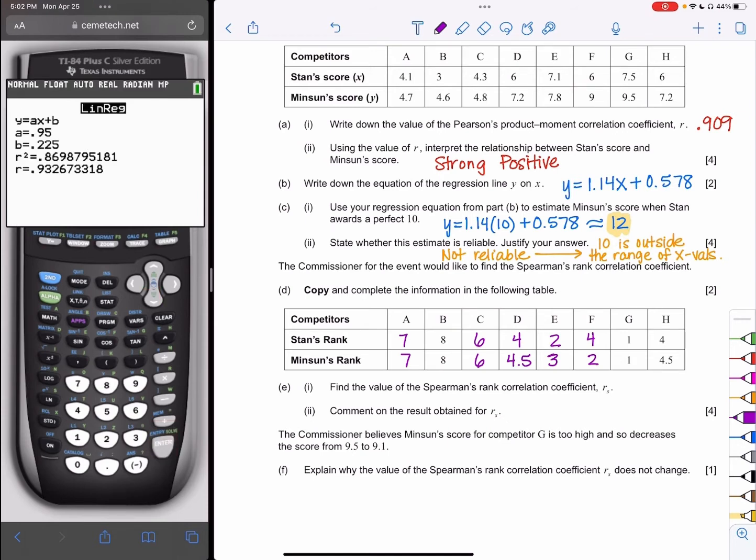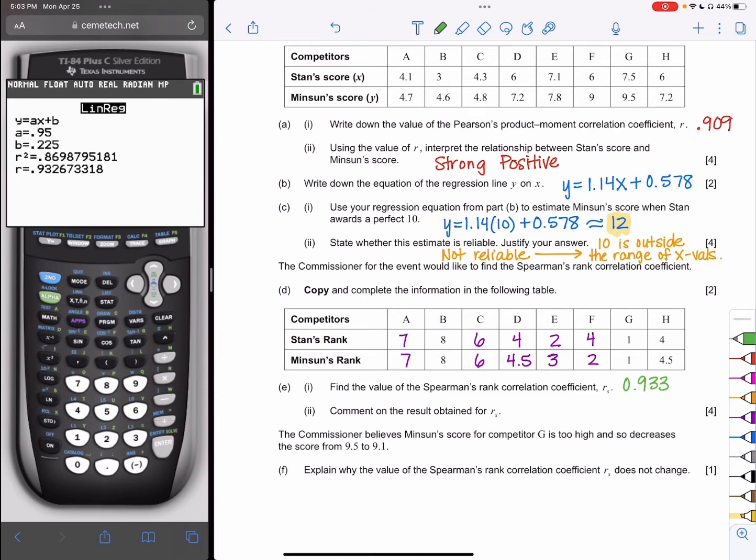You just need to make sure you understand that the value of r here is not the Pearson's moment correlation coefficient. It is your Spearman's rank correlation coefficient, because this r value came from the rankings. So now I can say that my Spearman's correlation coefficient is 0.933 in 3 significant figures.